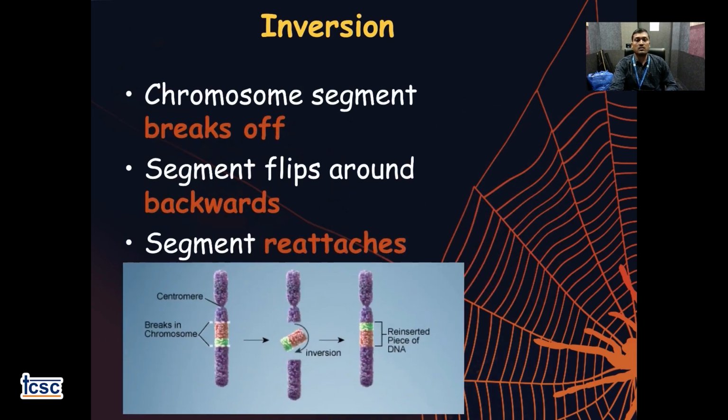Now second, inversion. What is meant by inversion? See here, a chromosome segment breaks off, the segment flips around backward, and the segment reattaches. You can see in the picture the chromosome breaks off, and after breakage the segment gets reversed, or you can say inverted. Here the green part of the chromosome is on the lower side and the red part on the upper side, but due to the inversion type of mutation, the green part is on the upper side and the red part on the lower side.